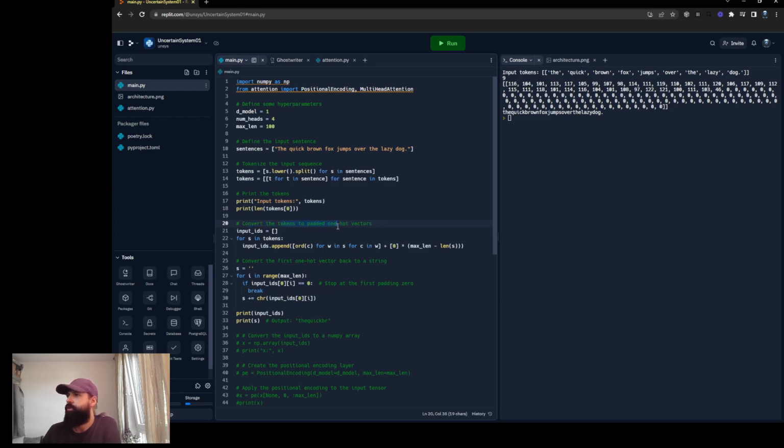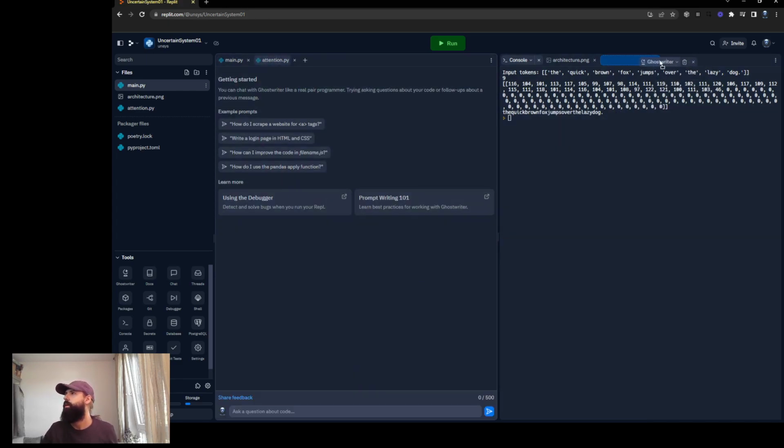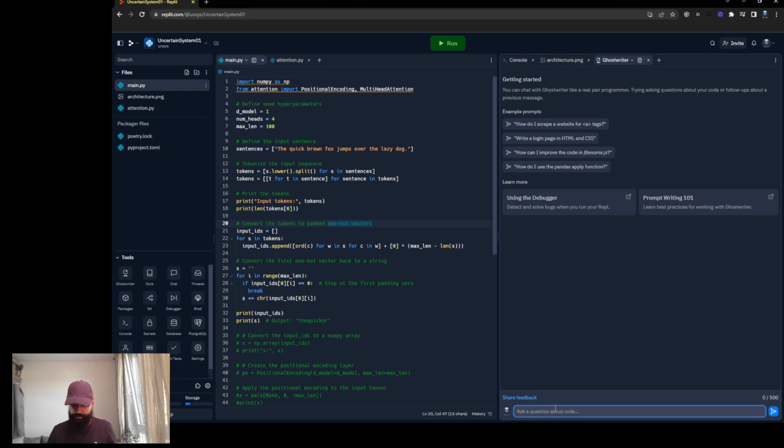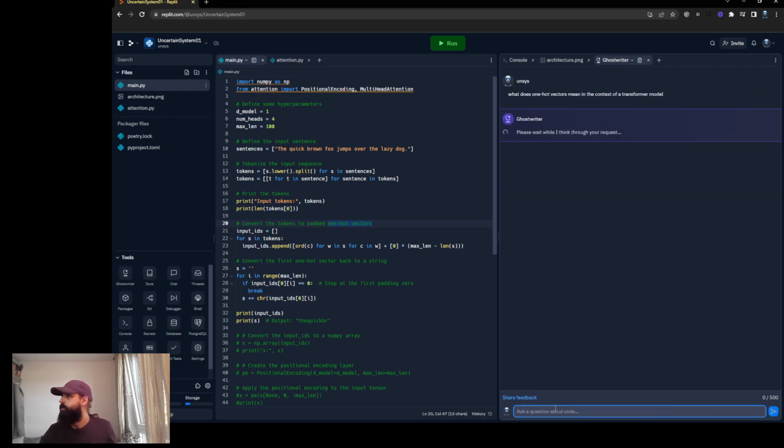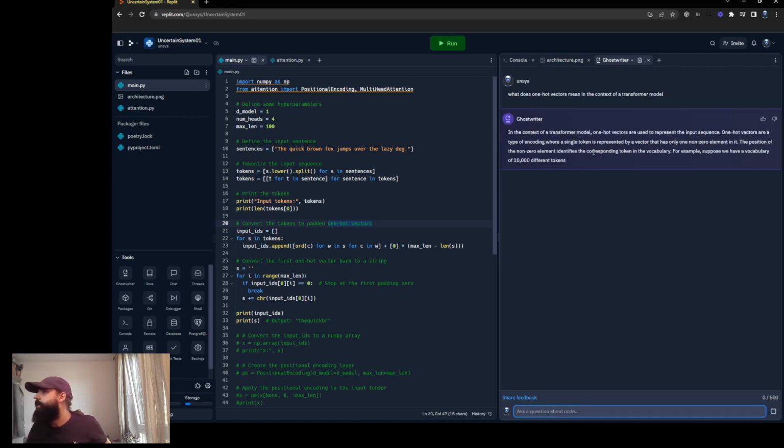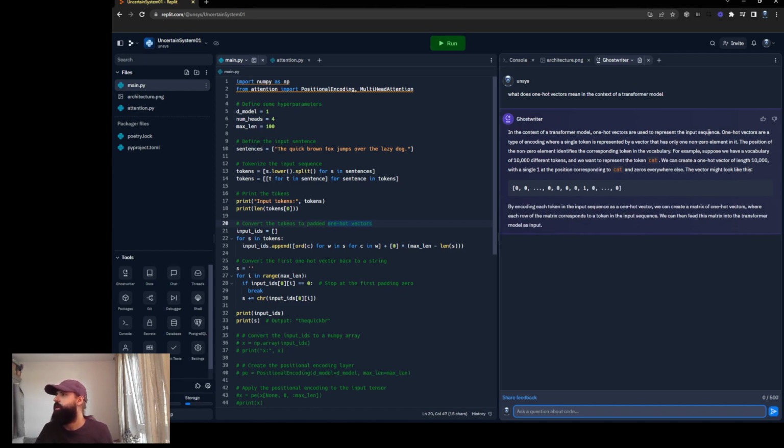What I'm not so sure about is the tokens. I keep forgetting what one-hot vectors really means. Ghostwriter, what did that mean? They are used to represent the input sequence.